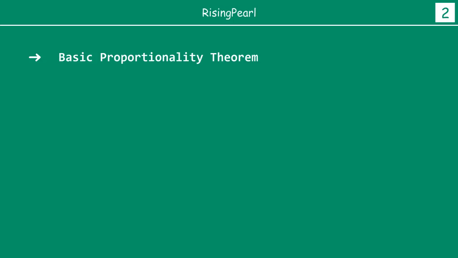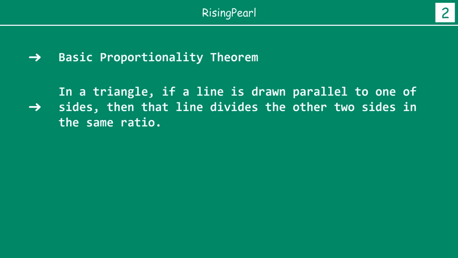One is the basic proportionality theorem, also known as Thales theorem. This is one we learned in great detail in webisode number 5. Then we talked about in webisode 6 this very important theorem that states that in a triangle, if a line is drawn parallel to one of the sides, then that line divides the other two sides in the same ratio.